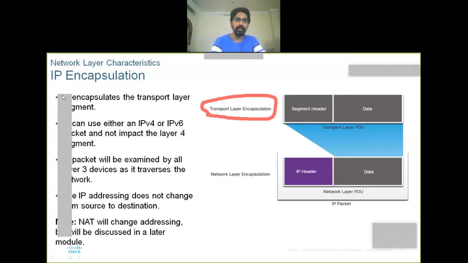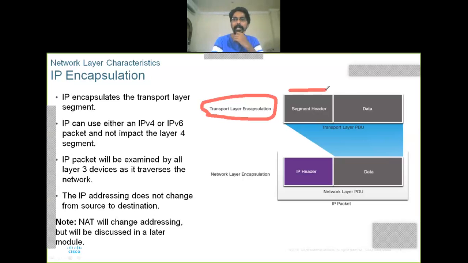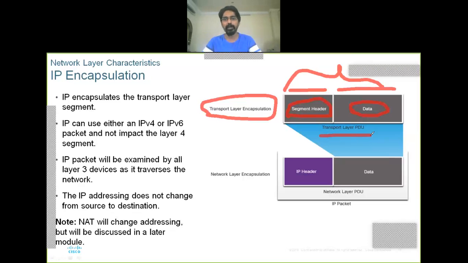This transport layer attaches a segment header to the original data. To the original data, the transport layer adds a segment header. This combination output is nothing but the transport layer PDU. We call them protocol data units, right?